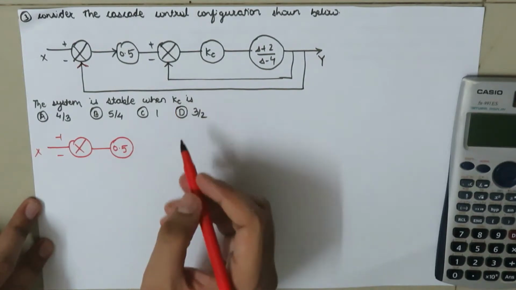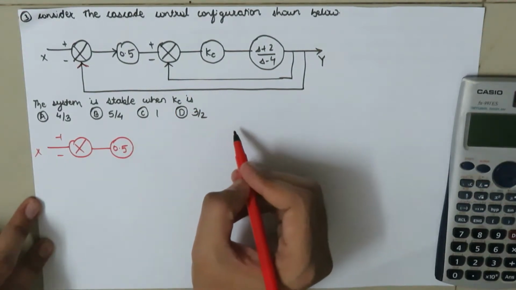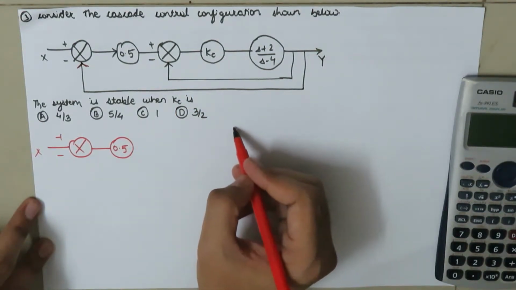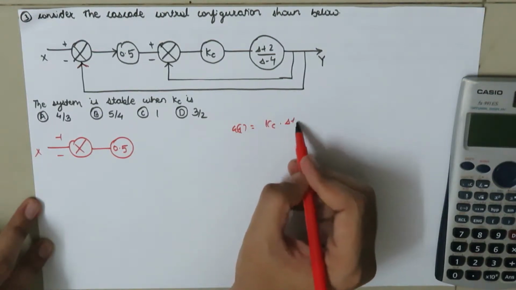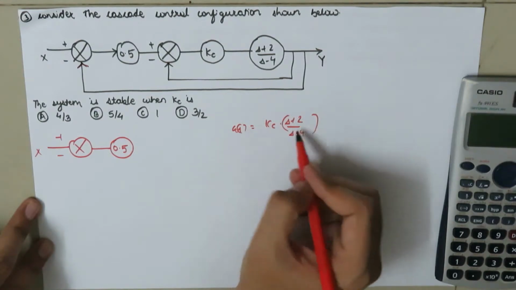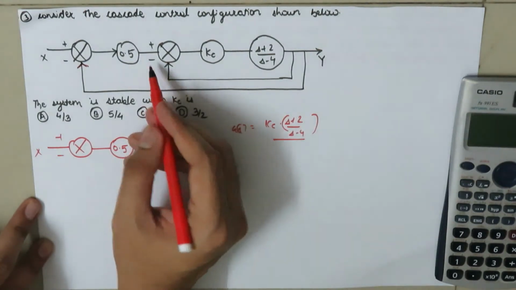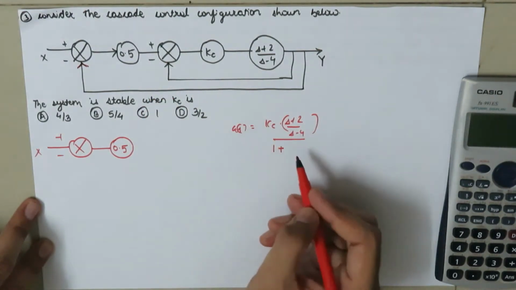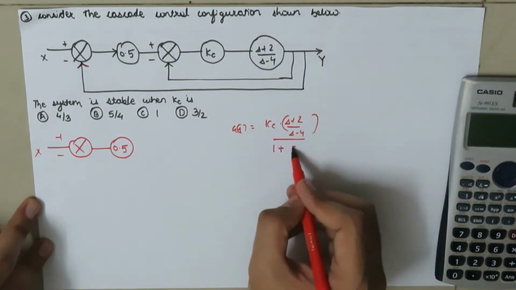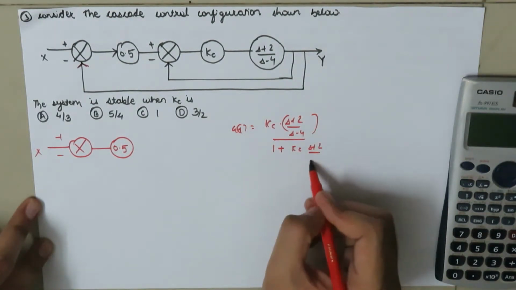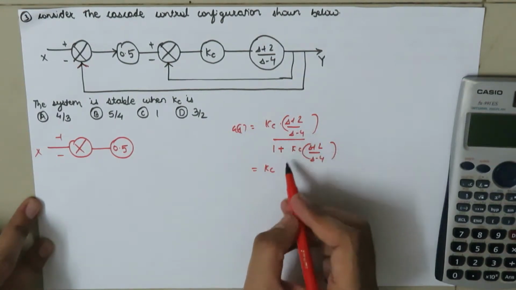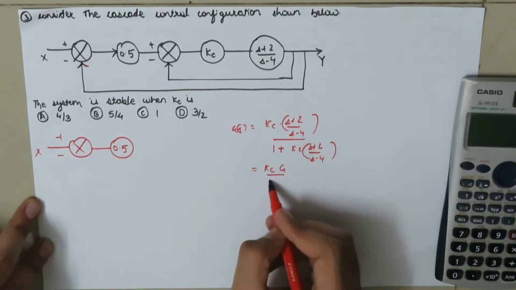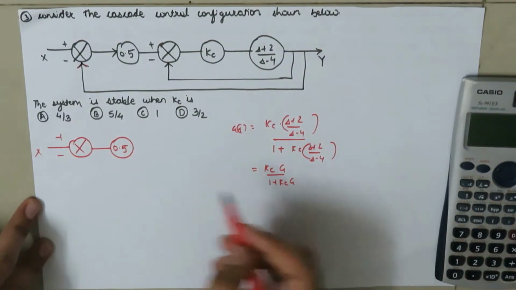So we are going to modify this block diagram, and this can be written as G(s) is equal to Kc times (S plus 2) upon (S minus 4), upon, as it is the negative feedback, we are going to take plus in the denominator, 1 plus Kc into (S plus 2) upon (S minus 4). So this can be written as Kc into, we'll call it G, upon 1 plus Kc into G.